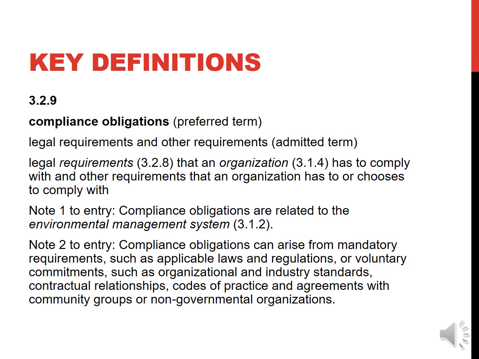Once they determine that, it enters into the EMS and is managed as a compliance obligation, just as if it were a law or another mandatory requirement. So there are really two types: the required or mandatory, from laws and regulations, and the voluntary, which the organization has chosen to impose on itself based on the analysis of its operating context.